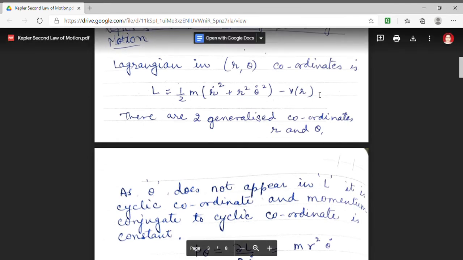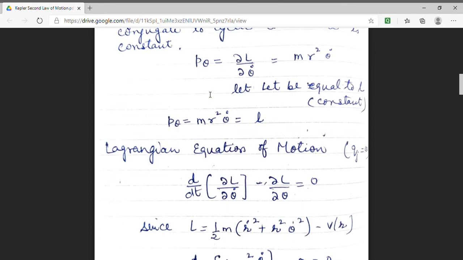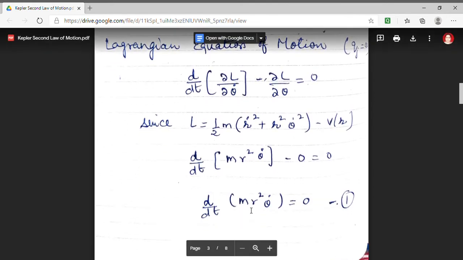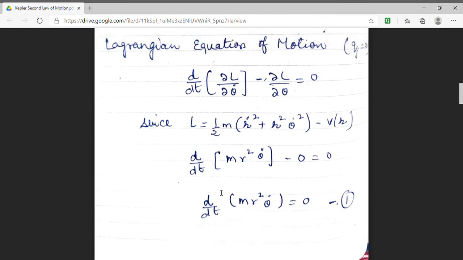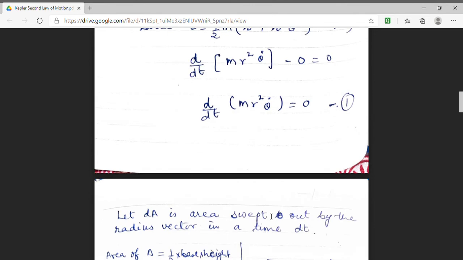We can easily find the value of del L by del theta dot, and del L by del theta will be 0 because theta does not appear in the Lagrangian. So I have the Lagrangian equation of motion as d by dt of m r square theta dot equal to 0. This is my Lagrangian equation when I have taken my generalized coordinate to be theta.